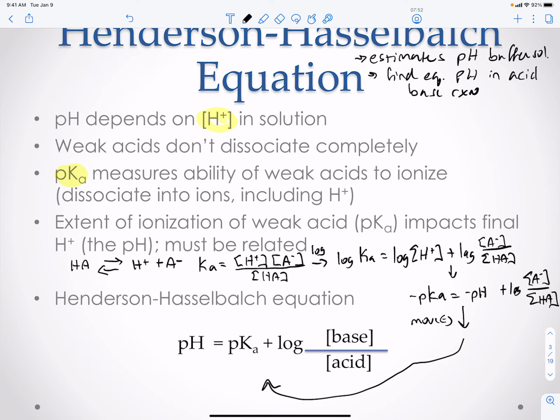And keep in mind that the pKa is the acid dissociation constant. And pKa is basically a quantitative measurement of the strength of an acid in a solution.